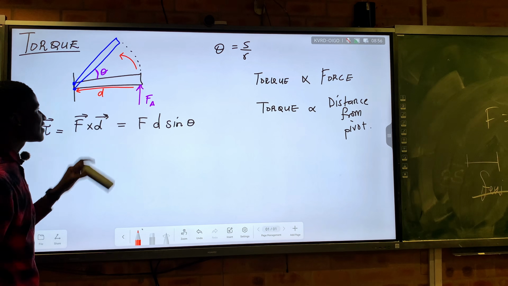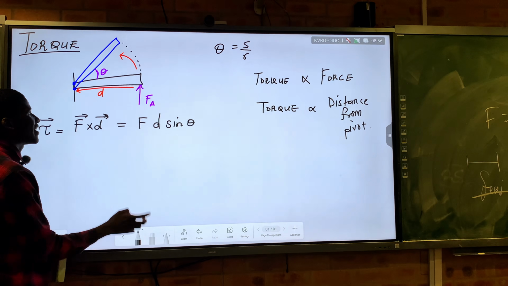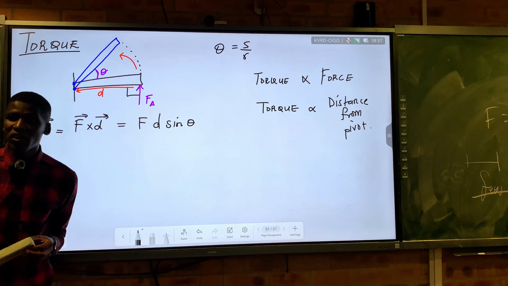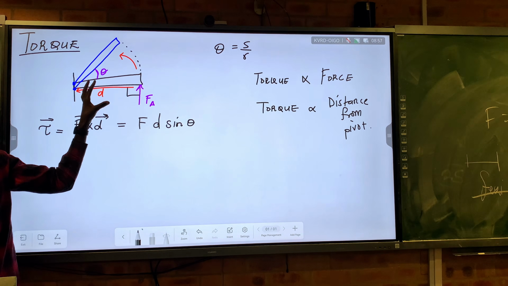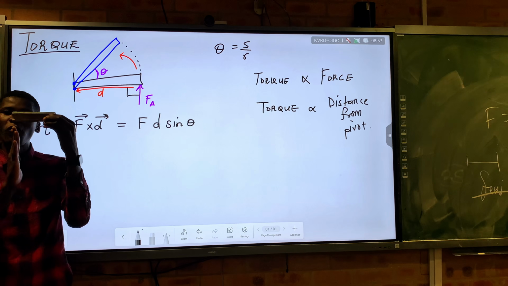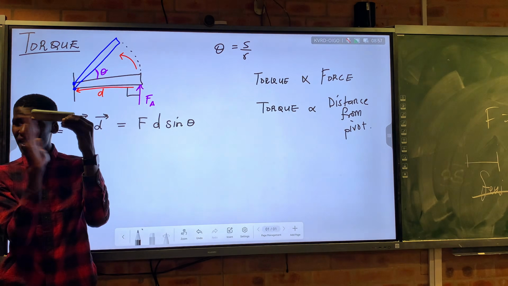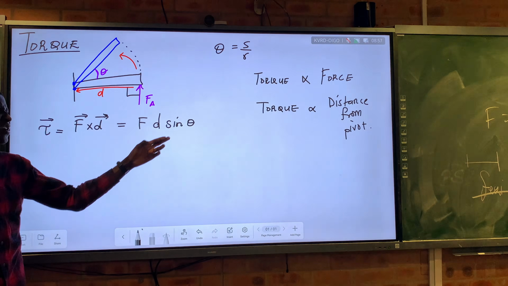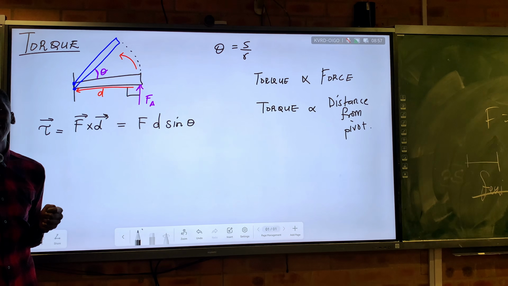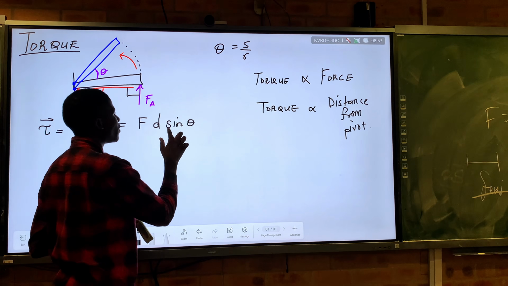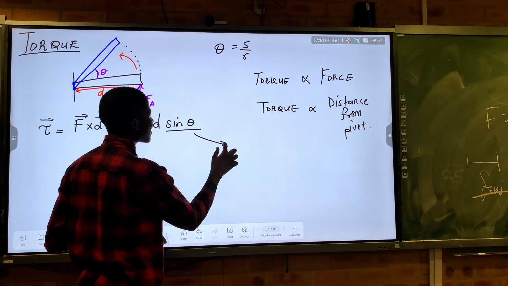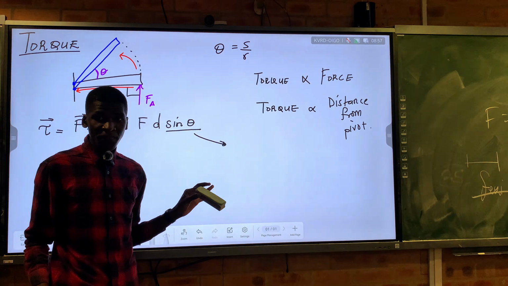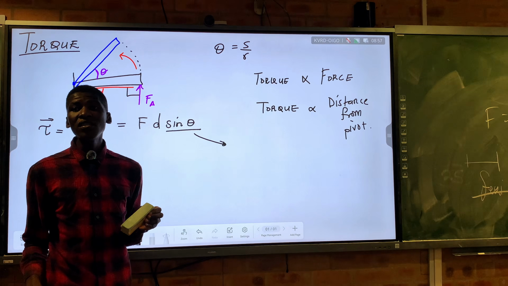If we compare the distance vector and the force vector line, the angle between them in this case is 90 degrees, because I applied my force perpendicular to the displacement, to the distance. And you already know sine 90 equals 1. I'm sure you know that any trigonometric ratio of sine has a maximum value of 1.